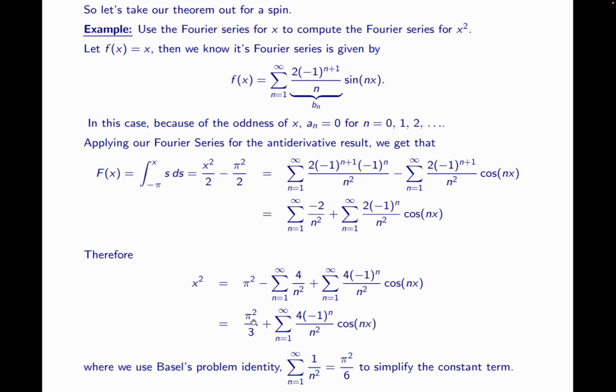By the way, how does this series converge? Remember, we're not guaranteed that the Fourier series converges uniformly, but in this case we do get that it converges uniformly. That's because x squared is continuous and it's equal at the endpoints of negative pi and pi. So in fact, this expression for x squared does converge uniformly to x squared.